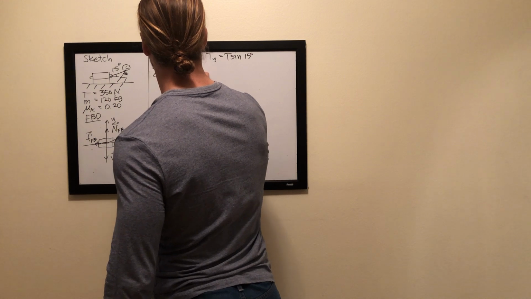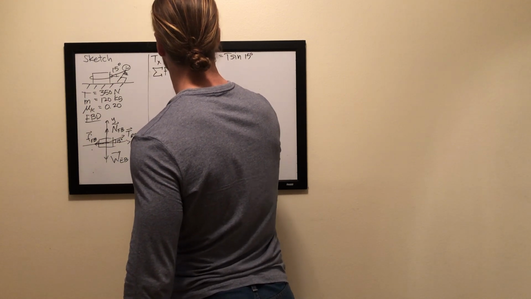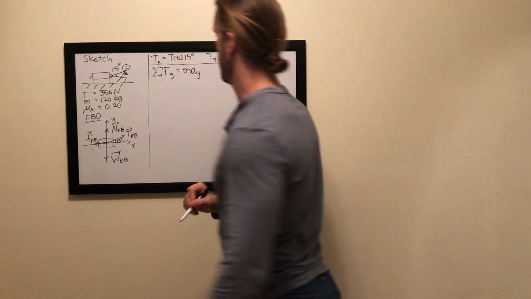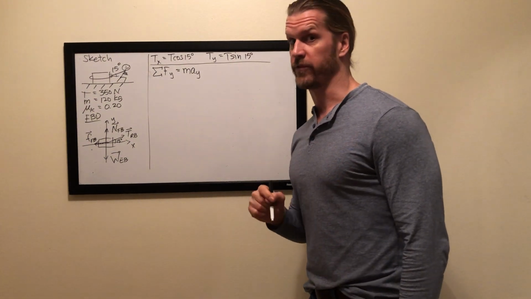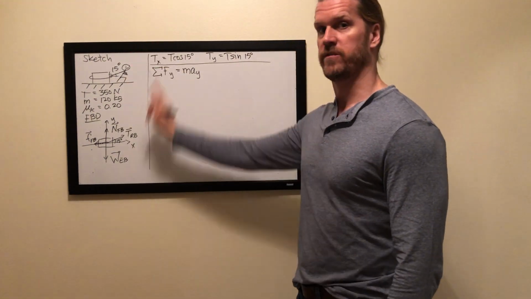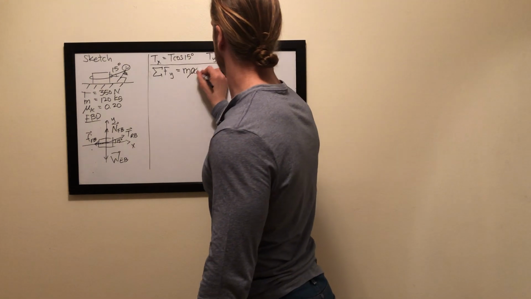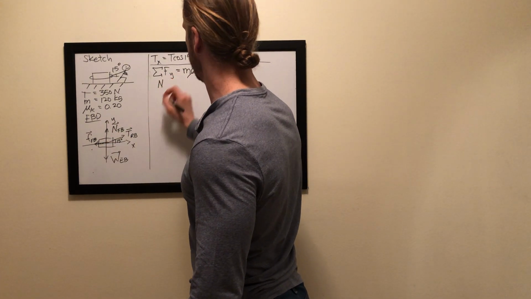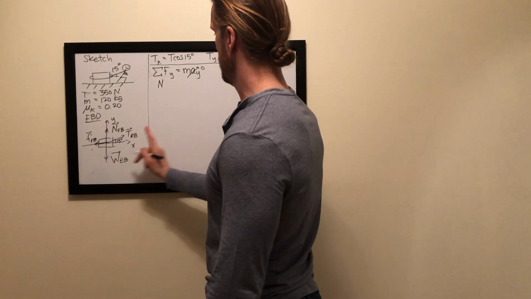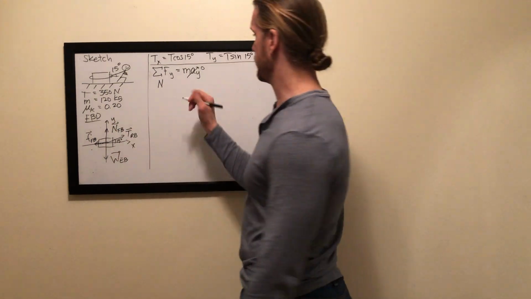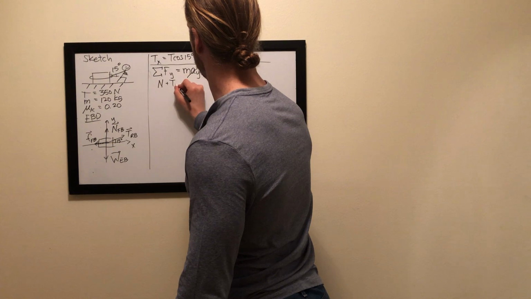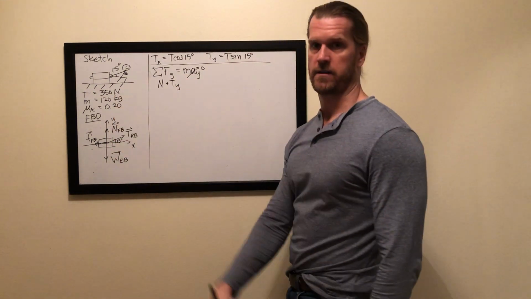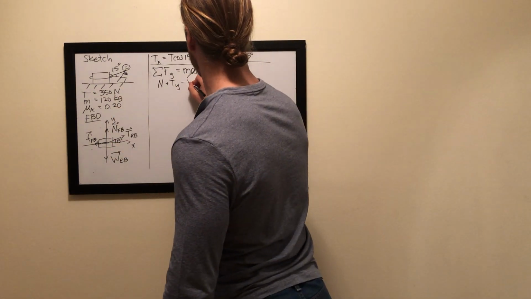The sum of the forces in the y direction will equal 0 because this box is not moving up or down. And we've got the normal force in positive y. We have that upward component of tension. And we've got the gravity force in negative y.